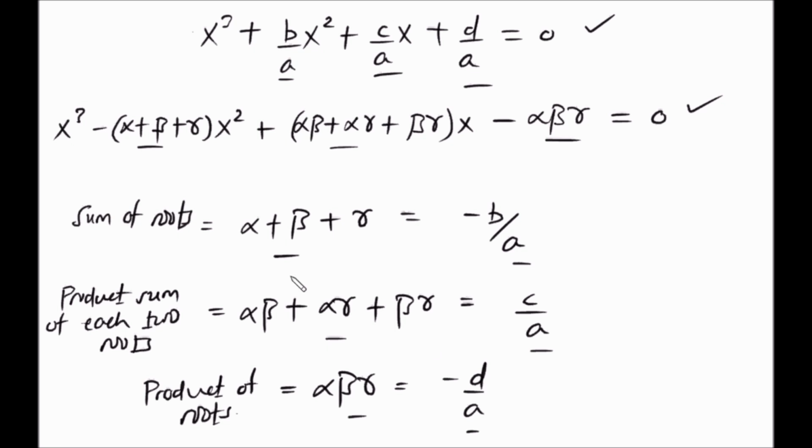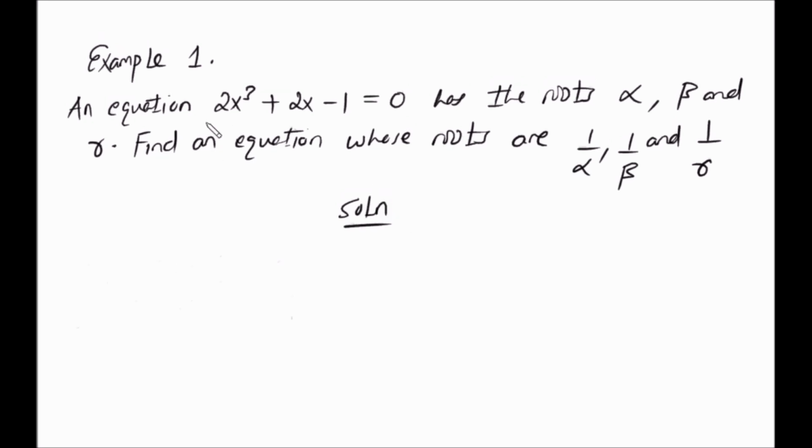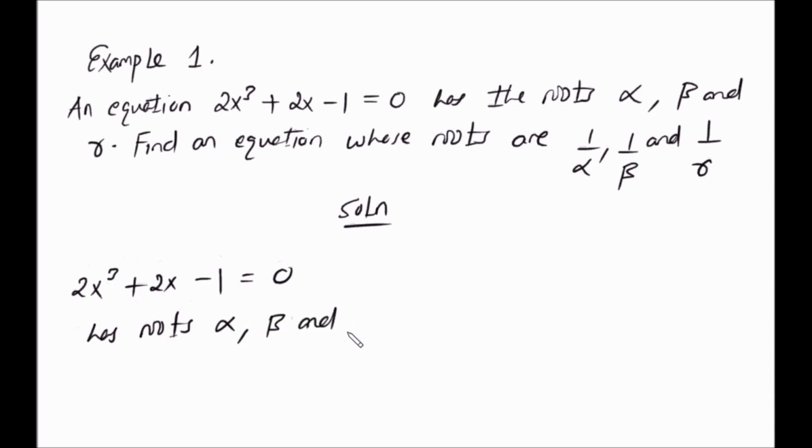Let's now solve examples. So this is example 1. Solution. It says this equation 2x cube plus 2x minus 1 is equal to 0 has roots alpha, beta, and gamma. So let's do this in a fresh page.